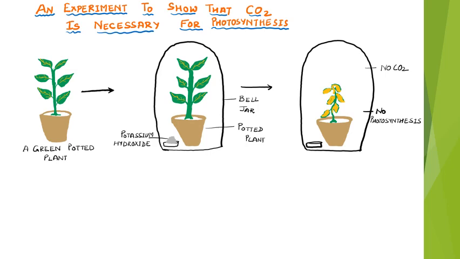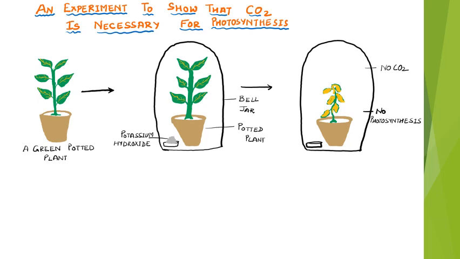Now the next experiment is to prove that carbon dioxide is necessary for photosynthesis. So it means that we have to prove its presence is important for the process of photosynthesis to occur. To prove its importance, we have to make carbon dioxide absent for this process. Now how can we do this?